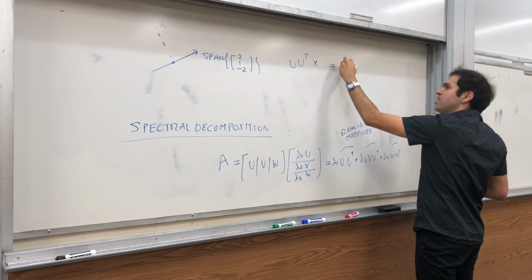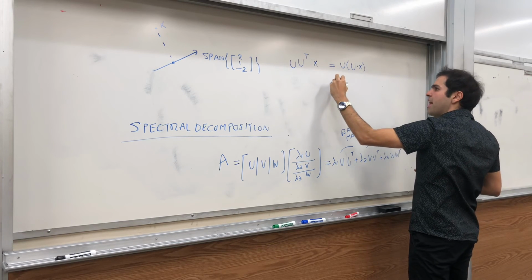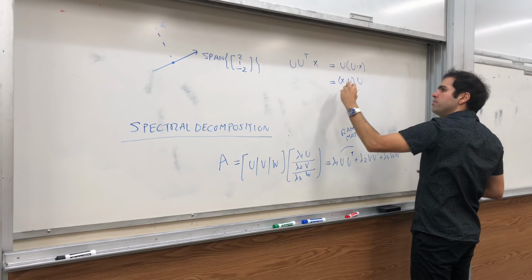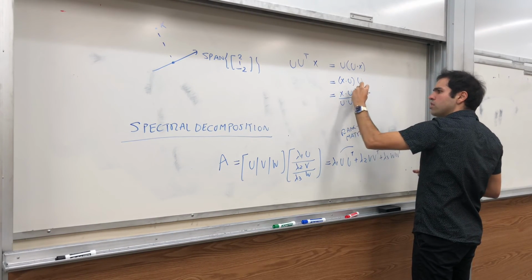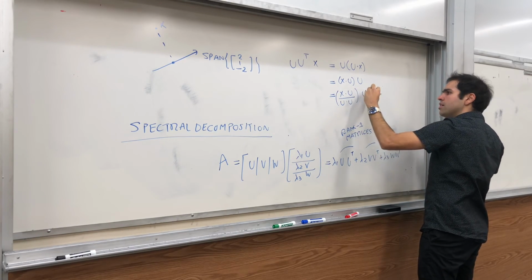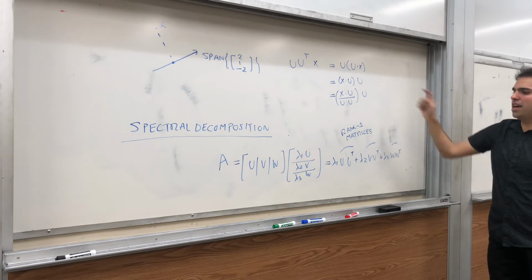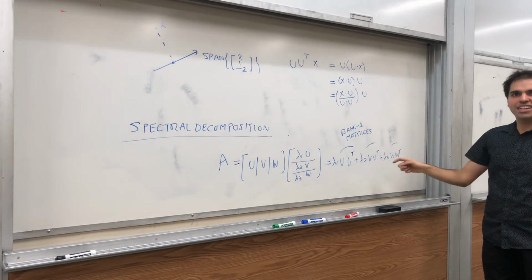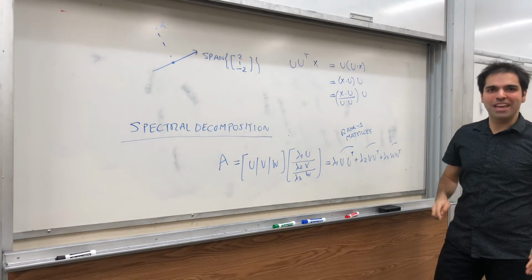Well, this is just like a dot product. So this is like U times U dotted with X, and you can just think of it as X dot U times U. But if U is orthonormal, then U dot U is 1. So it's X dot U over U dot U times U. So really what those are is you projecting X on each eigenspace.